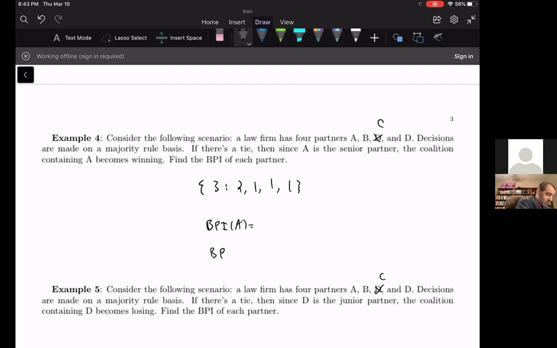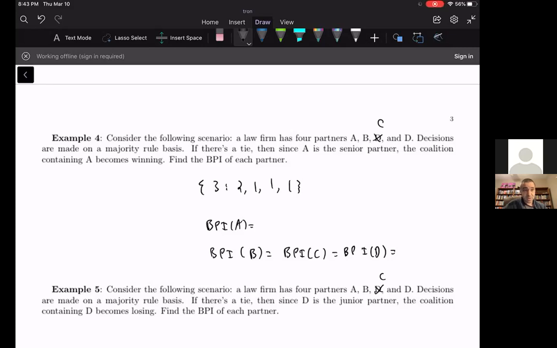So we're going to think about what the Banzhaf power index is of the 4 voters. Now, the Banzhaf power of B is the same as C, same as D. So A is the only special voter here. B, C, and D are all the same because they have the same weight. If you have the same weight, you have the same power.